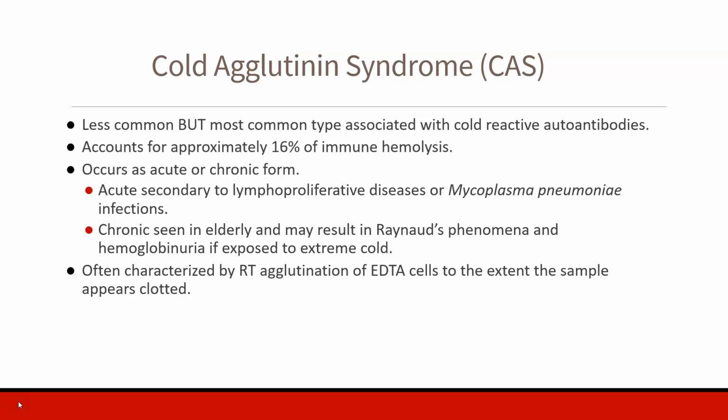And if you remember Raynaud's phenomena, that's where the peripheral circulation, either the hands or the feet, they turn blue and colorless, like there's no blood in that area. It's often characterized by room temperature agglutination of EDTA cells to the extent the sample appears clotted.